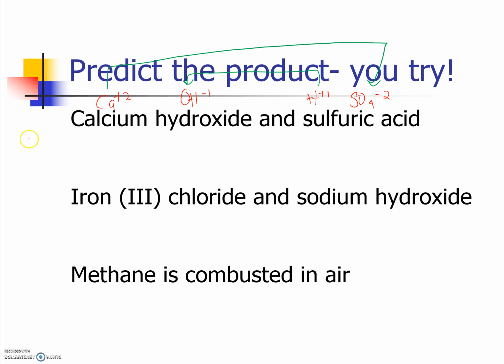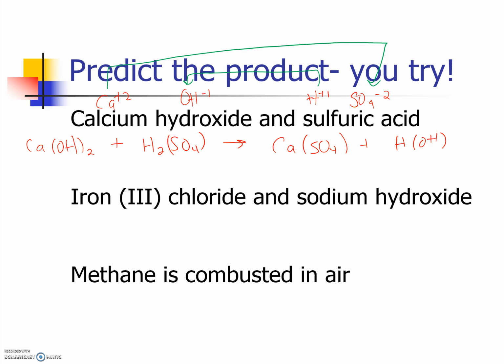And so I'm going to have CaOH2 plus H2SO4, which is going to make CaSO4 and then HOH.